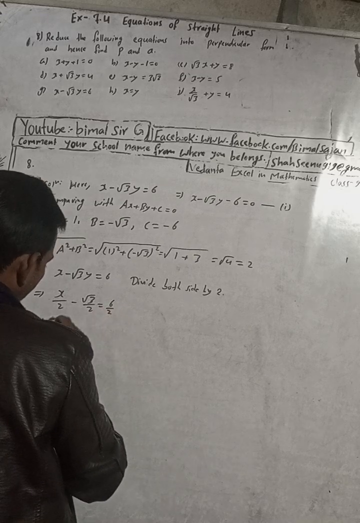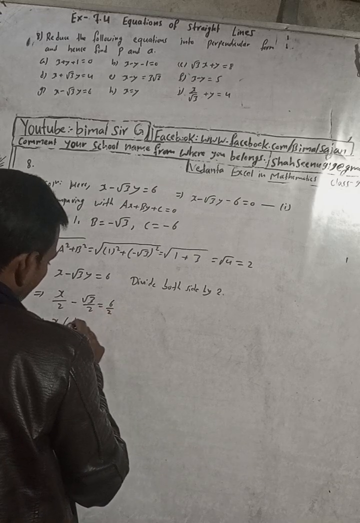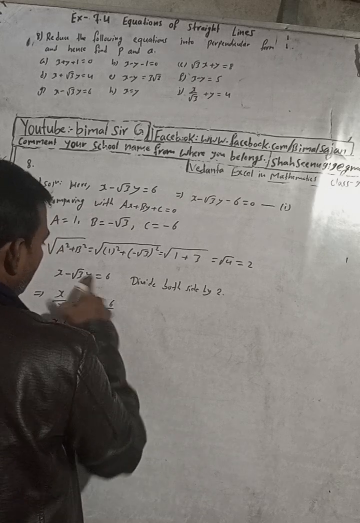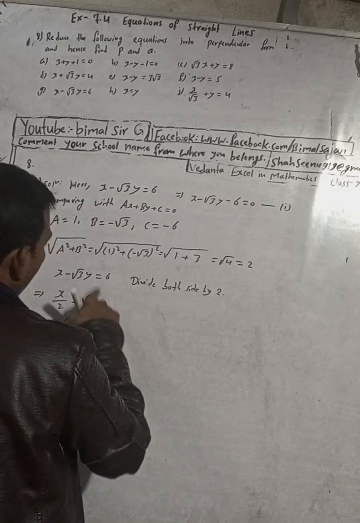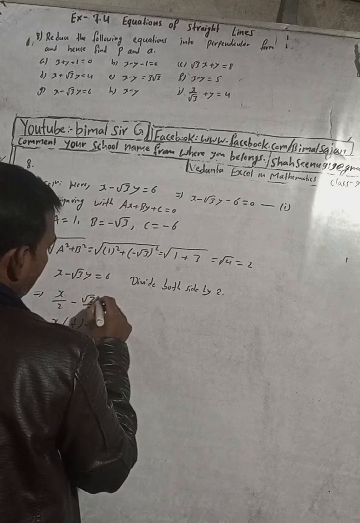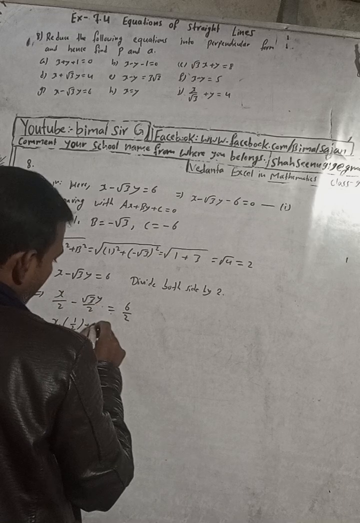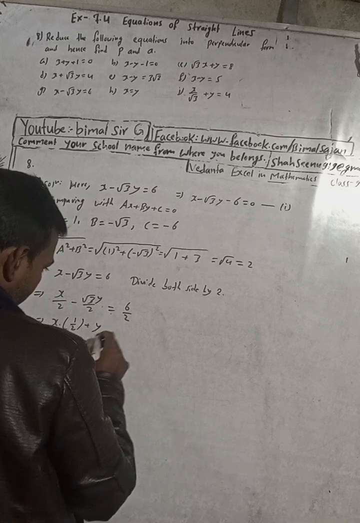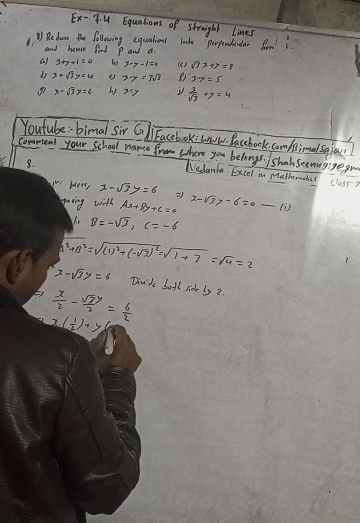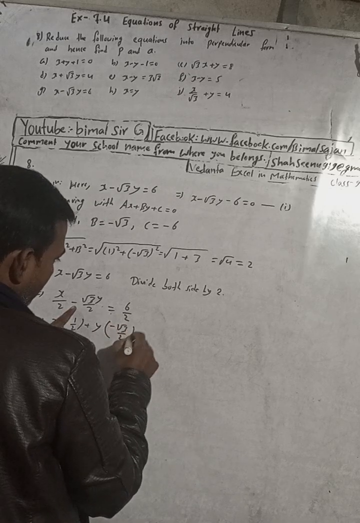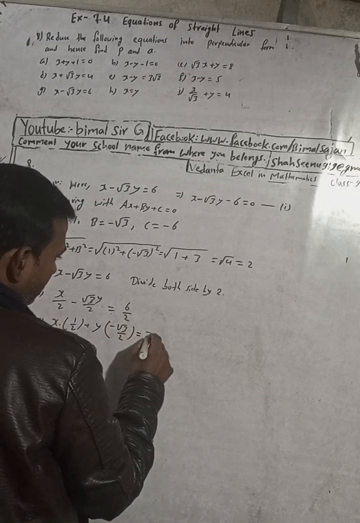So x into 1 by 2, then y here, and minus root 3 by 2 is equal to 3.